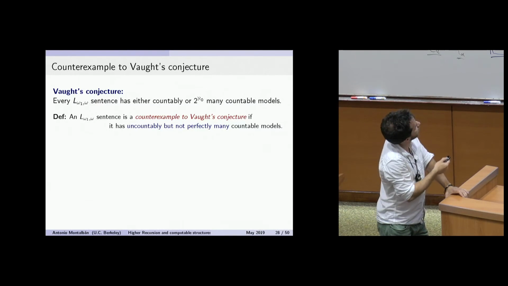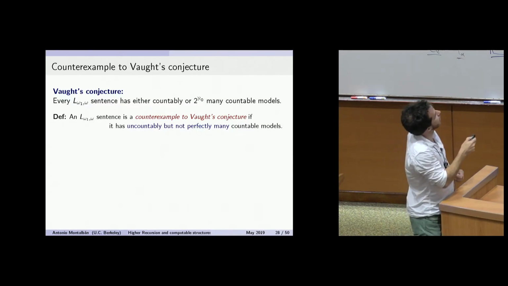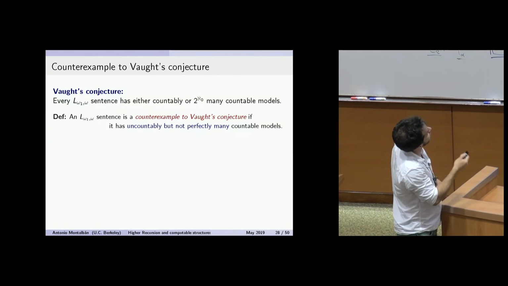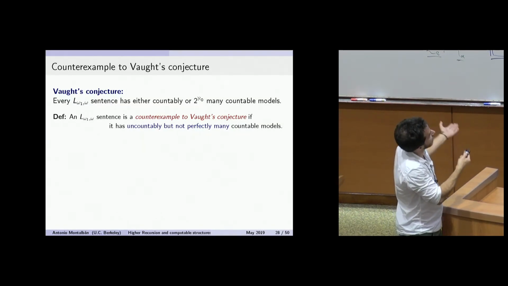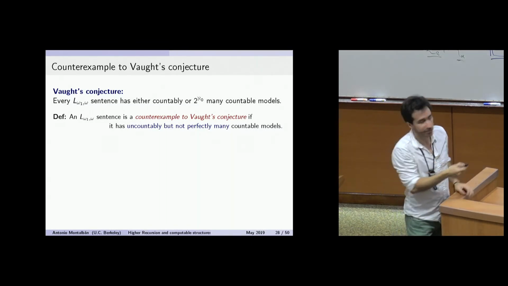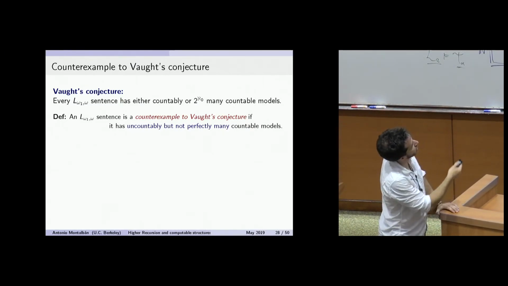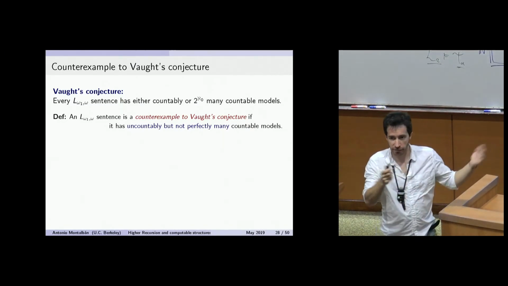Don't worry about it, I'm going to explain this better in a future slide. So a counterexample is a sentence that has uncountably many models, but not continuum many models. Just not to have to deal with the continuum hypothesis, I say perfectly many models, a perfect set of models.